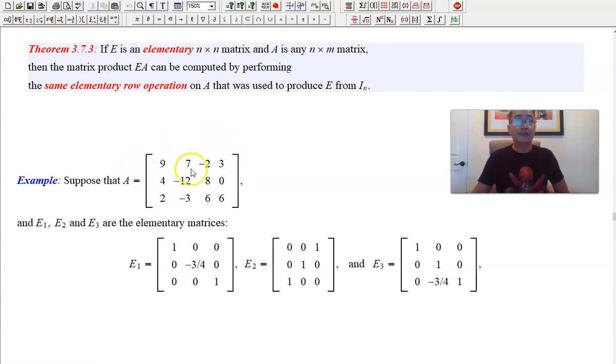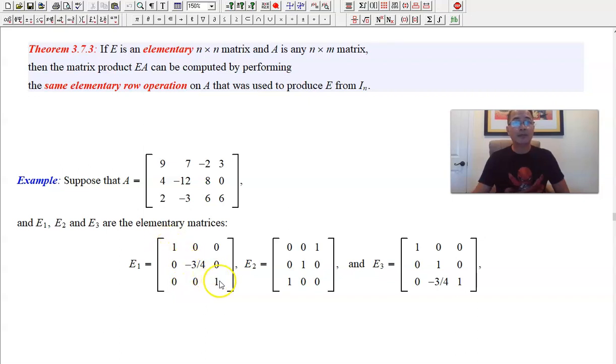A is a 3 by 4 matrix. So we will multiply A to the left by one of these elementary matrices. Okay. So I put them in the order type 1, type 2, type 3. So remember, type 1 is a scaling operator.